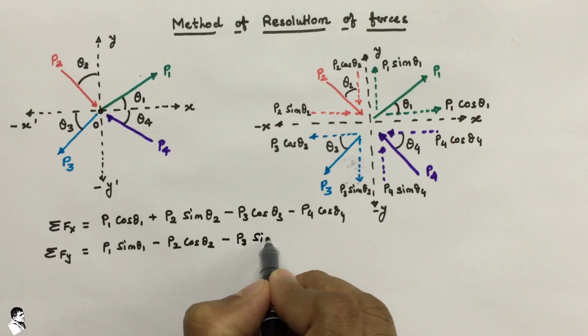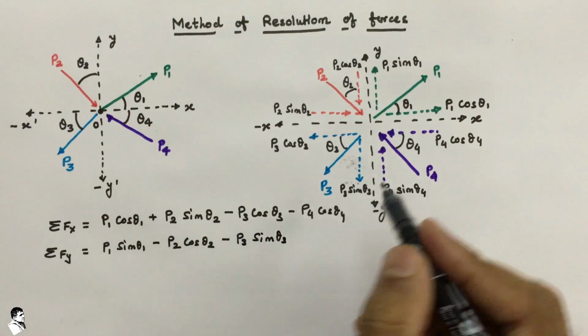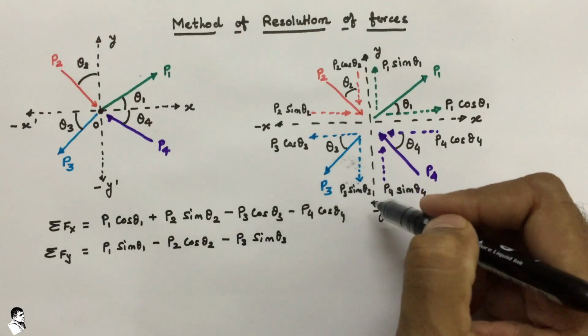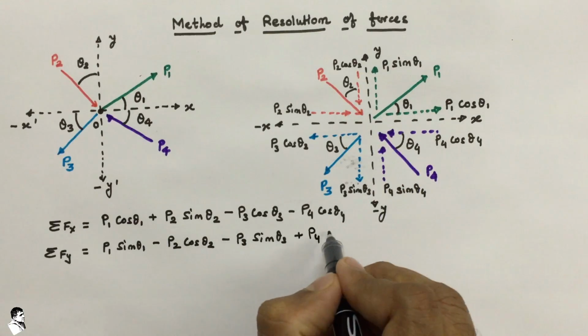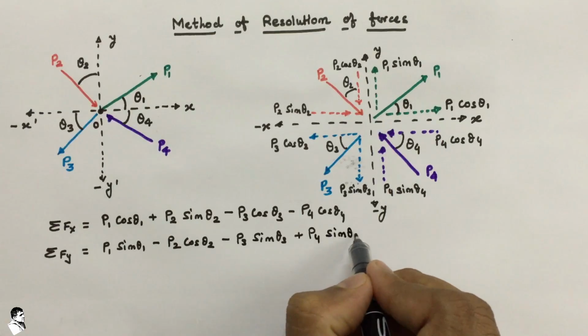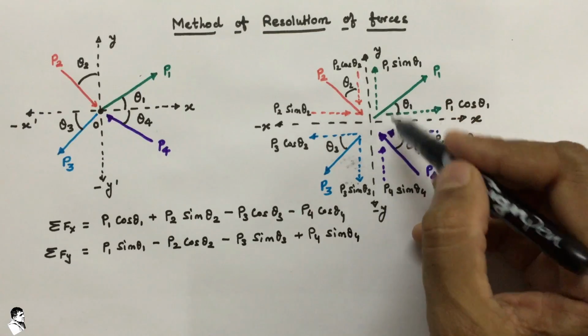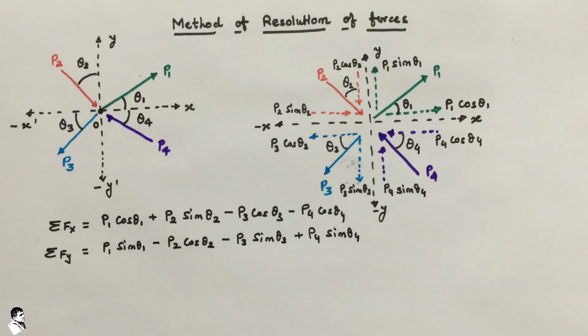Then minus P3 sin theta 3, which is also towards the minus axis, and plus P4 sin theta 4, which is along the positive y-axis.